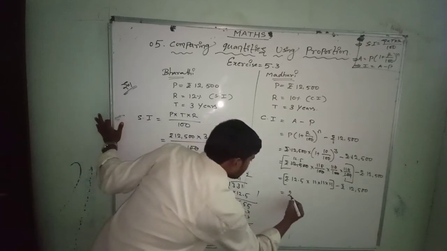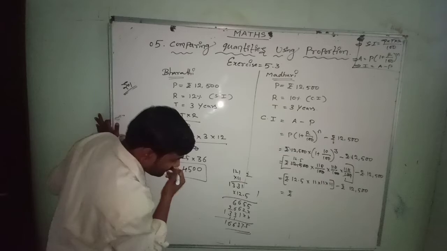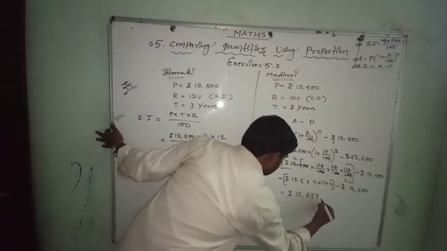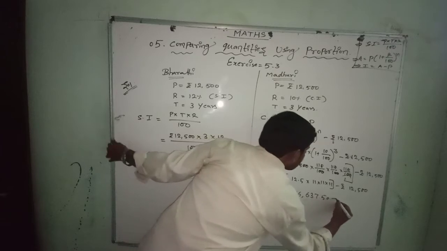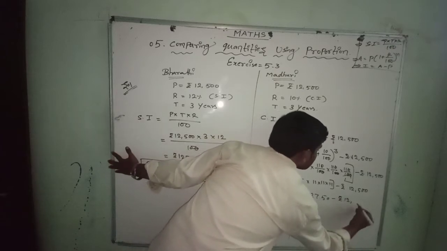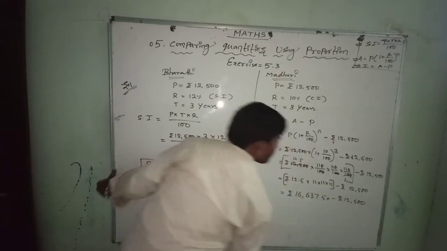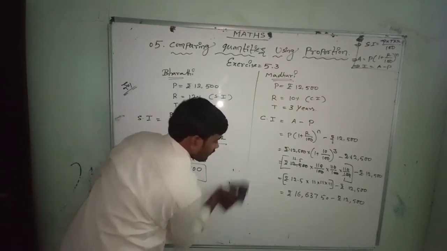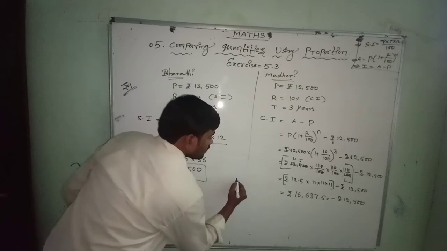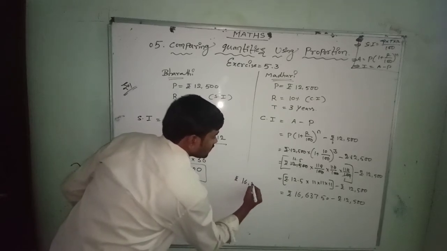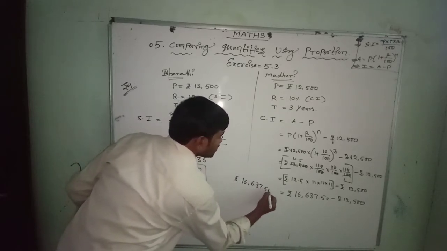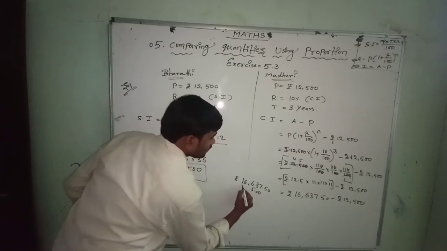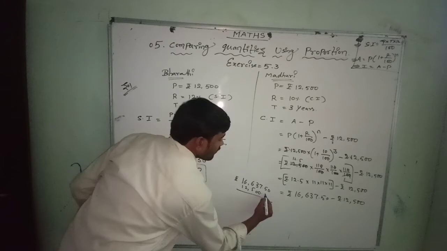Yes, it will get rupees 16,637.50 paisa. Minus from this you subtract 12,500. Now let us subtract this: rupees 16,637.50 minus 12,500.